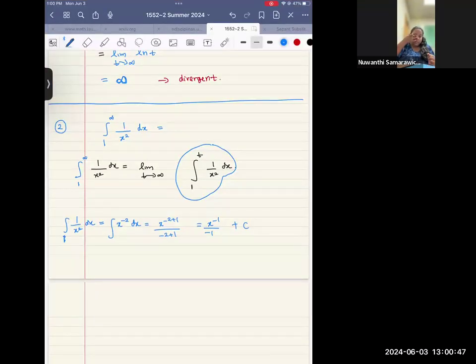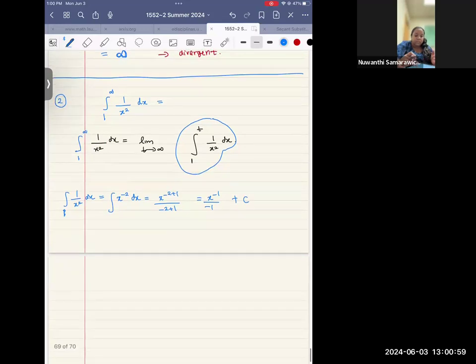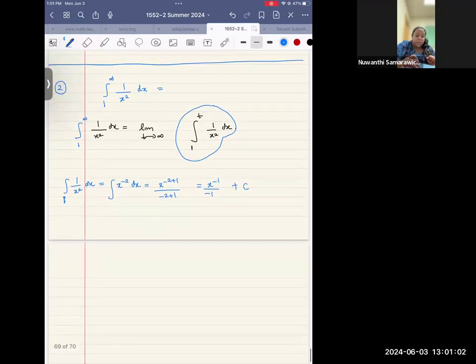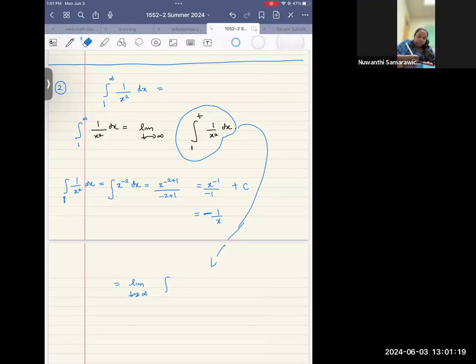There's a plus c, but in improper integrals we don't consider this constant, so you can get rid of it when you are taking the limits. So here you have -1 over x. Now let's use this in the problem. This is equal to the limit as t goes to infinity of -1 over x from 1 to t.